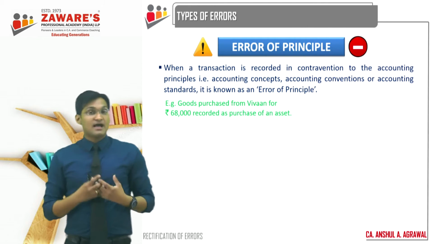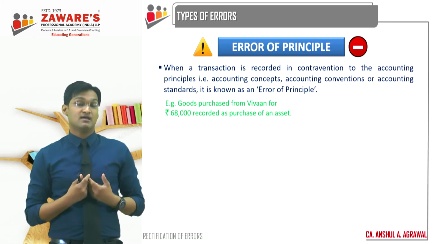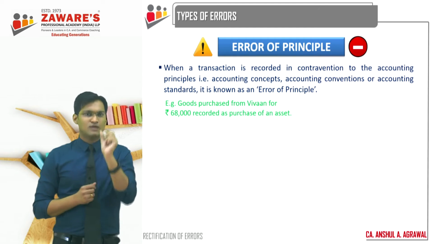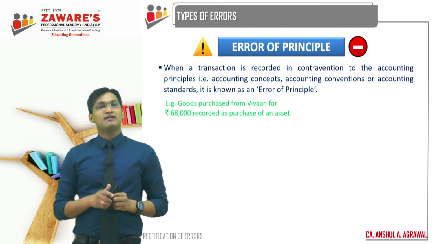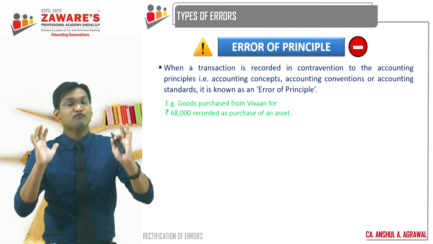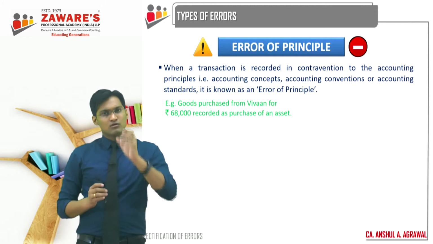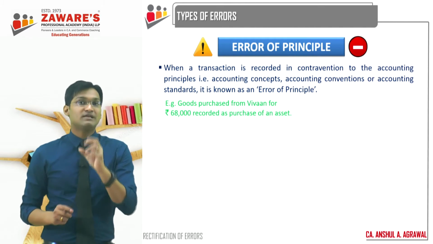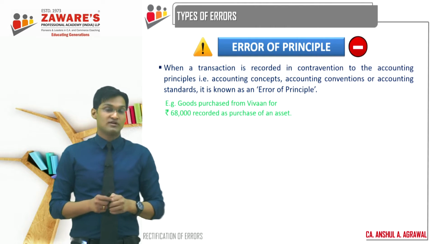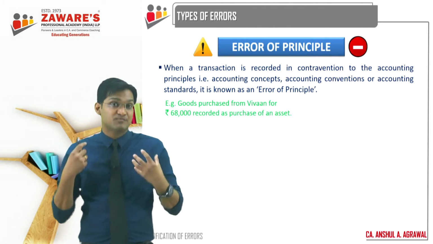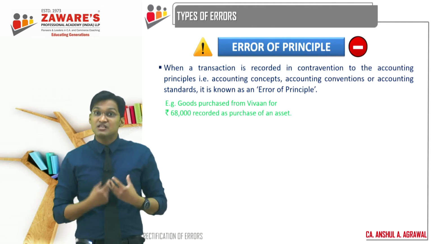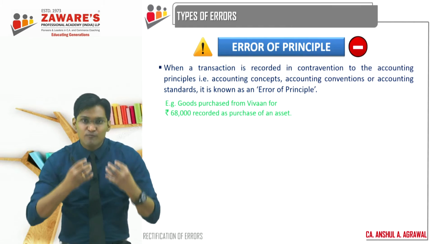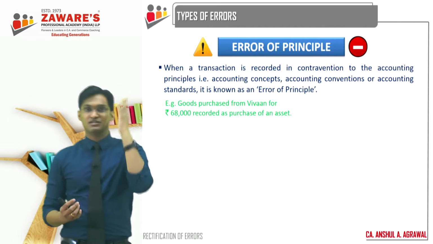When we proceed ahead to chapter number 7, depreciation, we are going to study one definition. I would like to mention it now, and that definition is for the cost of an asset. A lot of times the question comes in front of us, what is the cost of an asset? Accounting Standard 6, which is now no more, it's merged, explains that the cost of an asset means all the cost incurred to bring an asset to its present location and working condition.